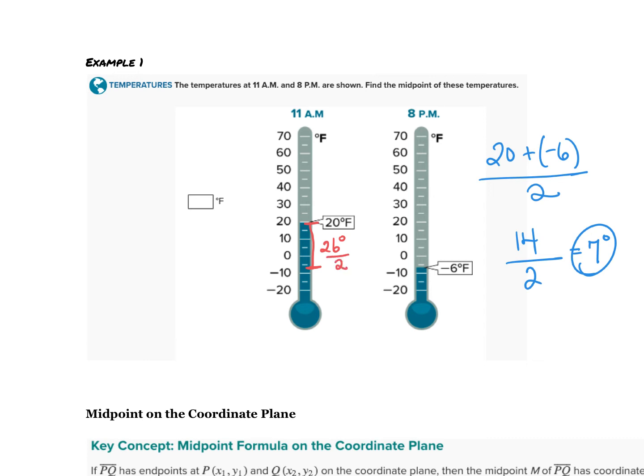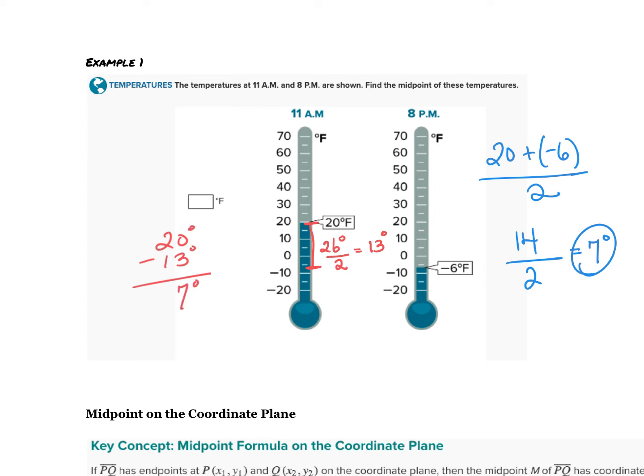And when I divide by 2, that means it's 13 degrees from either 20 or from negative 6. And so if I take 20 minus 13, I do get 7.